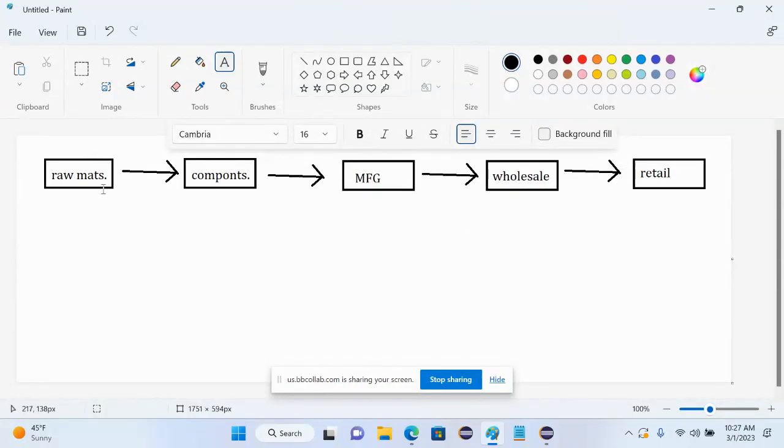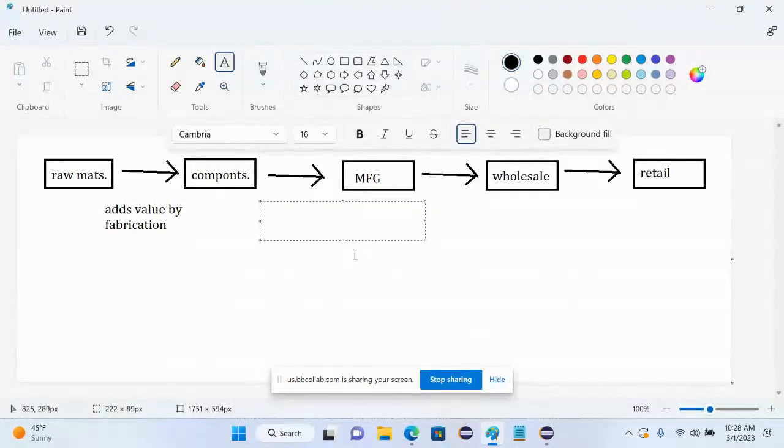Now, let's all agree that these raw materials are more valuable when they're somehow combined into components than they are when they're just raw metal or whatever. Okay? So that part adds value by fabrication. Not meaning fabrication as lying, fabrication is making something, right?